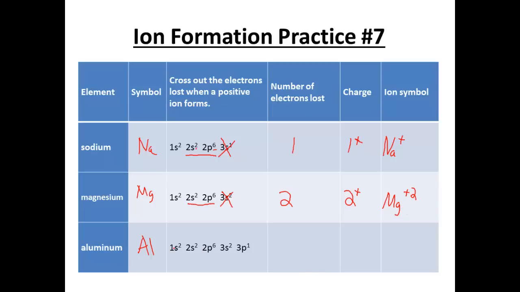And finally, aluminum, 1s2, 2s2, 2p6, 3s2, 3p1. We've got our 8 valence there if we're able to lose these 3 electrons. So we'd form a plus 3. Aluminum would be a plus 3 charge.